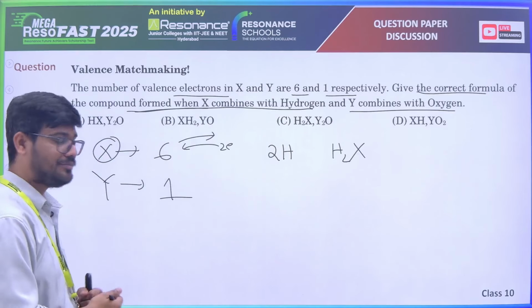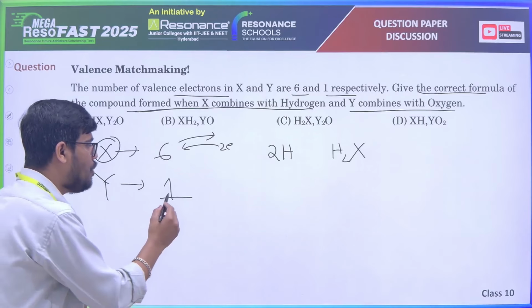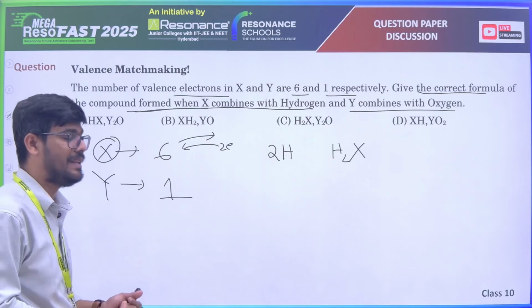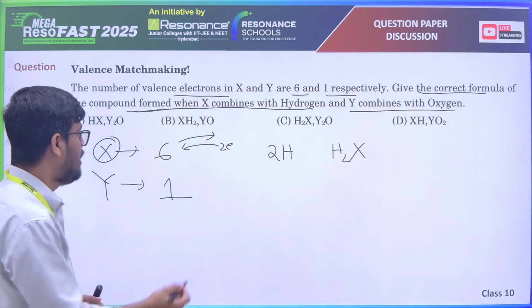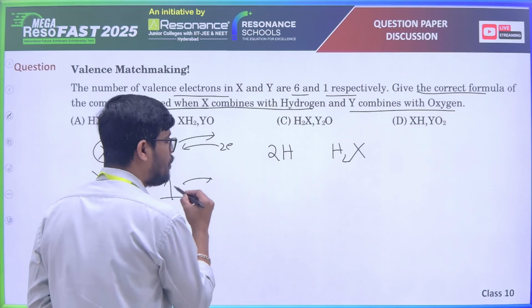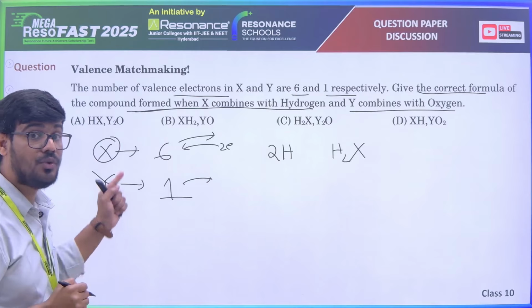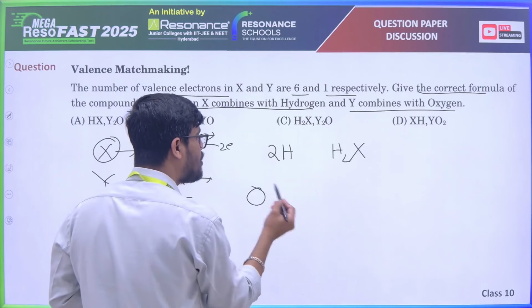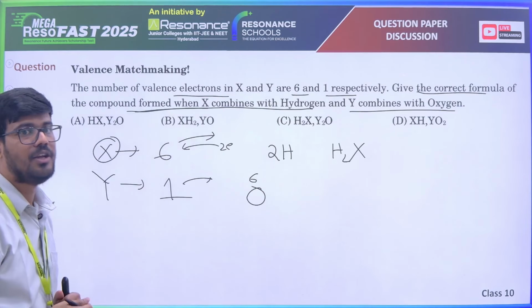Now Y. In this case, Y will lose 1 electron or it will gain 7 electrons. Which one is easier? So obviously losing 1 electron will be easier, right? So that's why it will lose 1 electron, and we have oxygen. Y should combine with oxygen. Oxygen, we know its outer shell electron count is 6, meaning in the outer shell it has a total of 6 electrons.